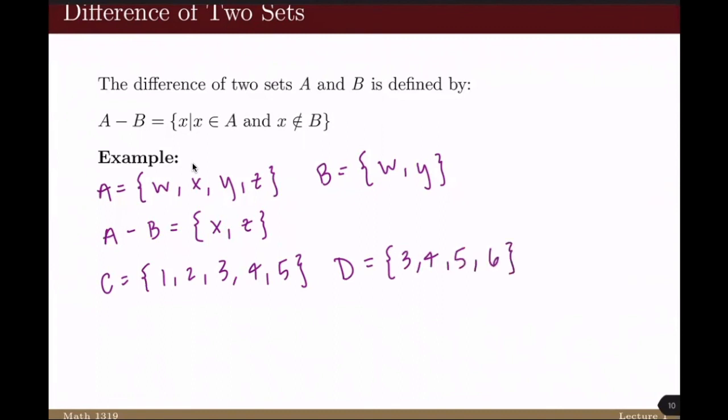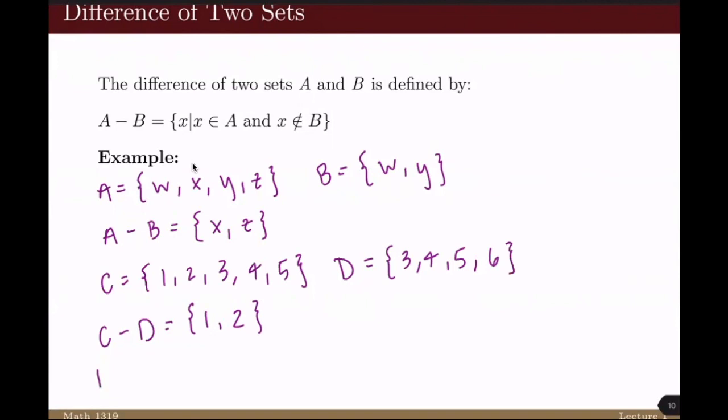So I want C without D. So I want none of the elements in D to be in this set. So I have only 1 and 2, because 3, 4, and 5 are also in D.